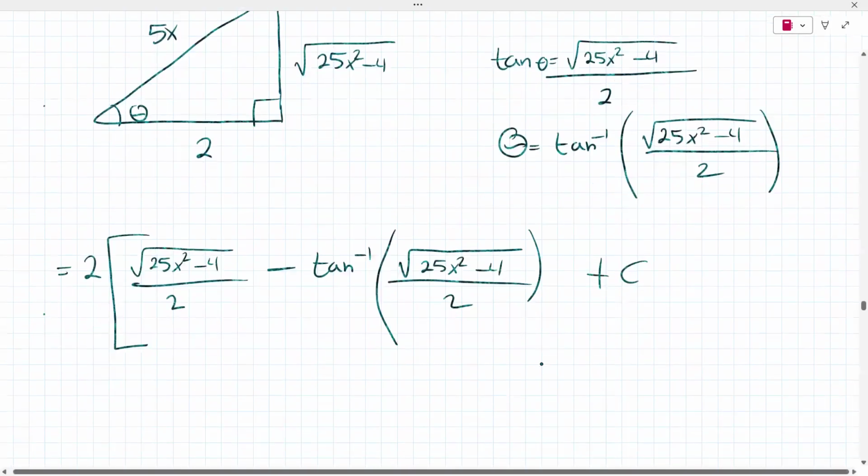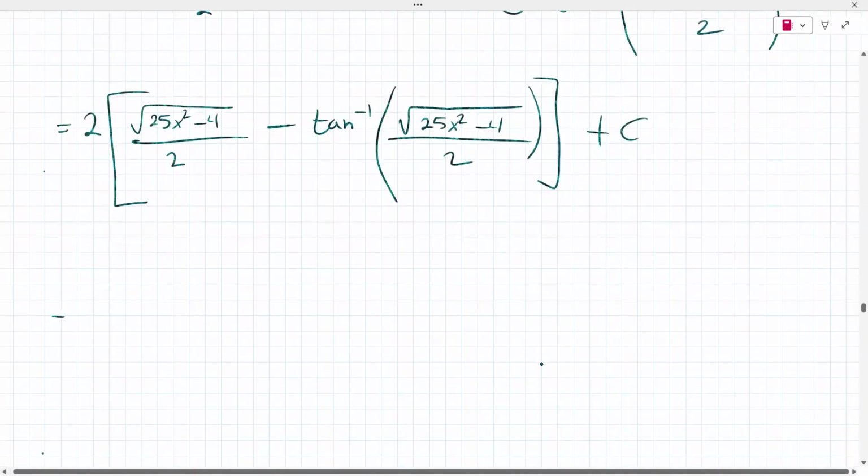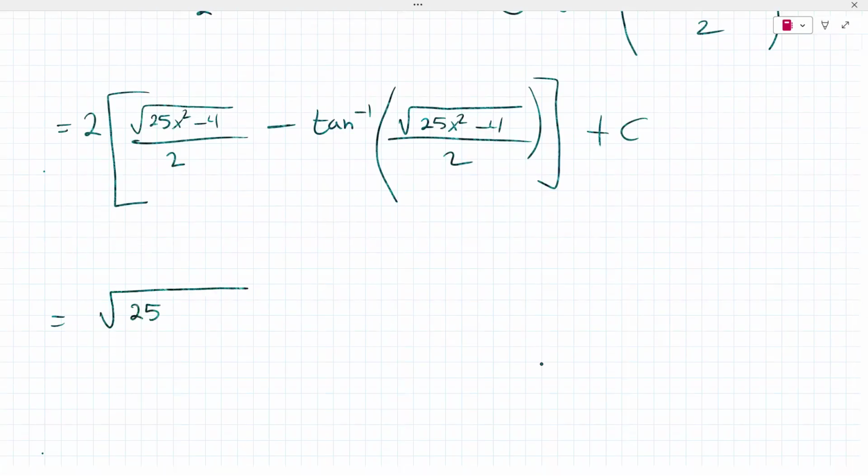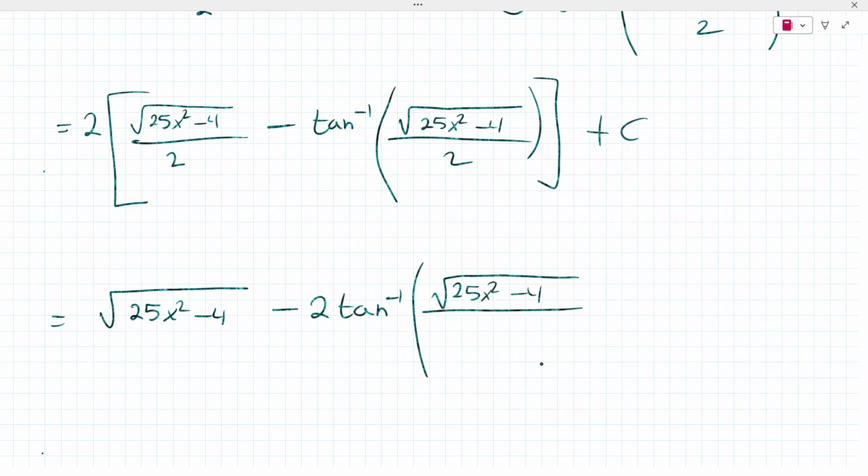And then, oh yeah, we distributed that 2. So when you distribute that 2, this 2 is canceled. So there's going to be square root of 25x squared minus 4 minus 2 tan inverse of square root of 25x squared minus 4 all over 2 plus c.